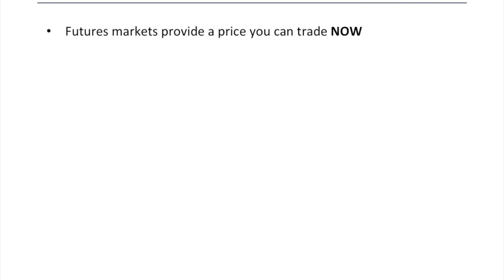Futures markets are markets that trade futures, but they are not any prediction of prices in the future. Futures markets therefore provide a price you can trade now, whether it be for a contract that will terminate at the end of the current month or 12 months from now.